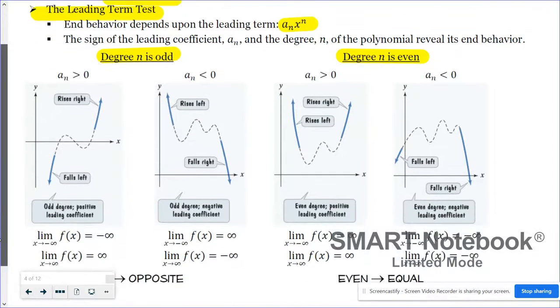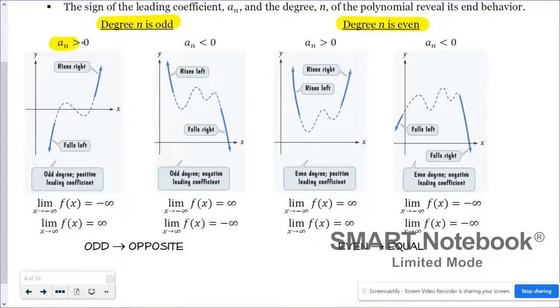All odd positive polynomials will have an end behavior that on the left goes to negative infinity and on the right goes to positive infinity. All odd negatives will have an end behavior that on the left goes to positive infinity and on the right goes to negative infinity. So odd degrees have opposite end behaviors.